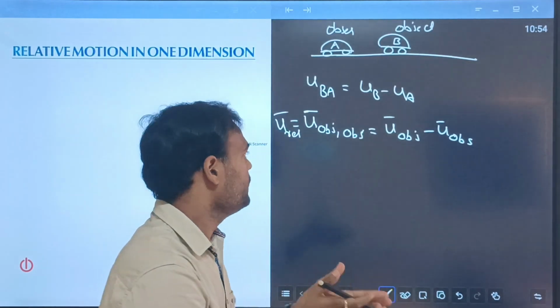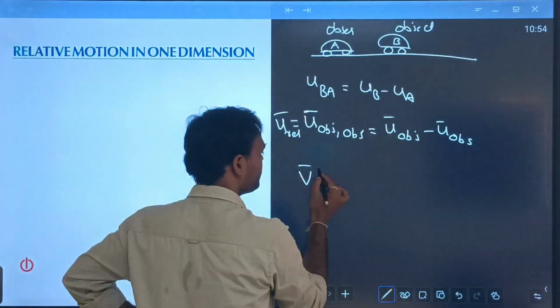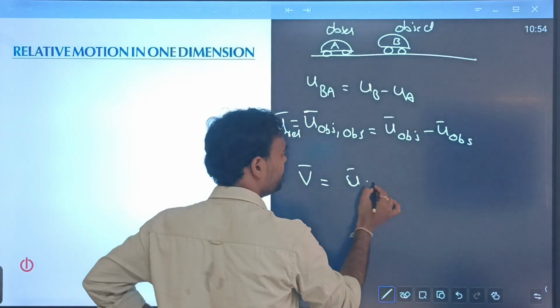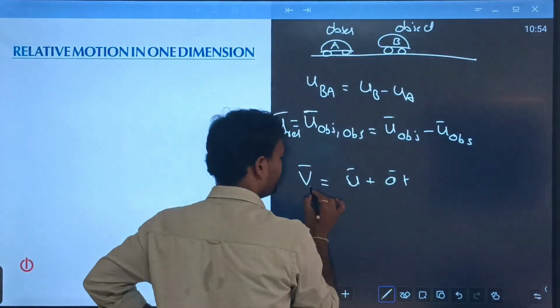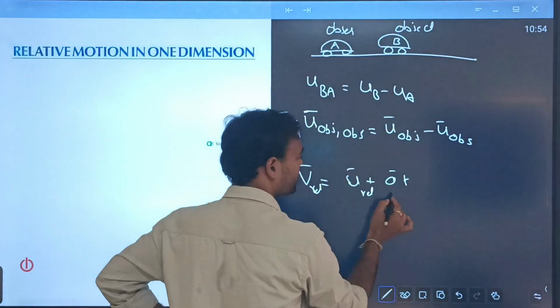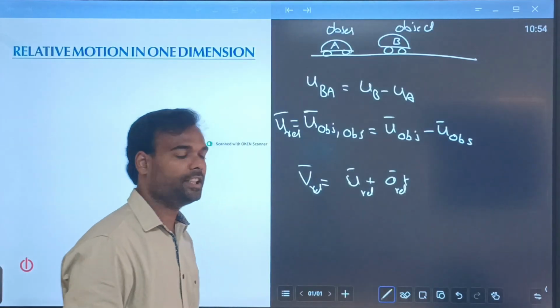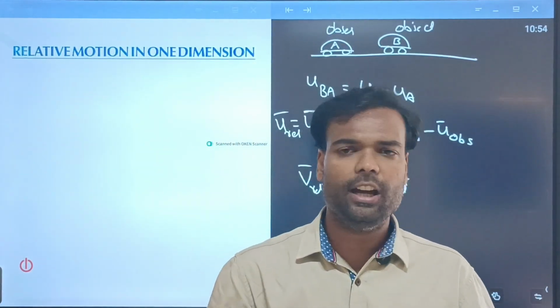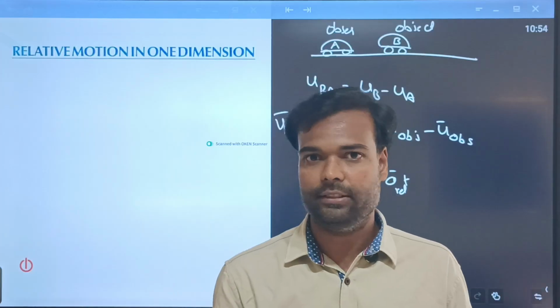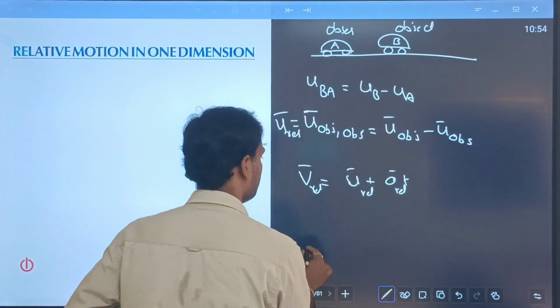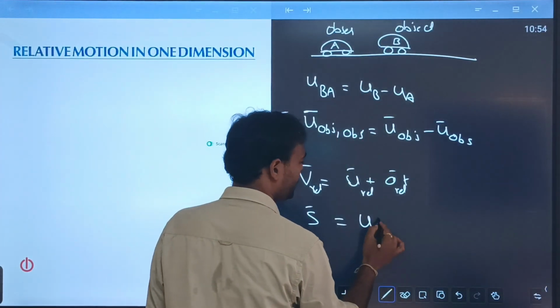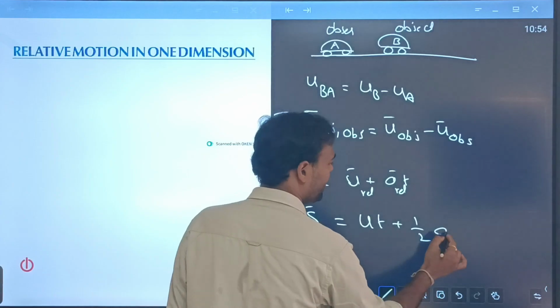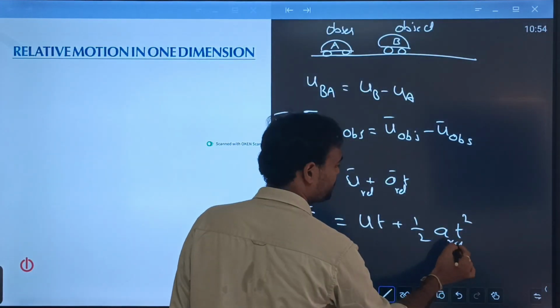Okay. Now you can write here V is equal to u plus at as relative. You can write like this. That will be enough. You can consider A with respect to B or B with respect to A. That's not an issue. Right? Similarly, we know S is equal to ut plus half at square. So relative.